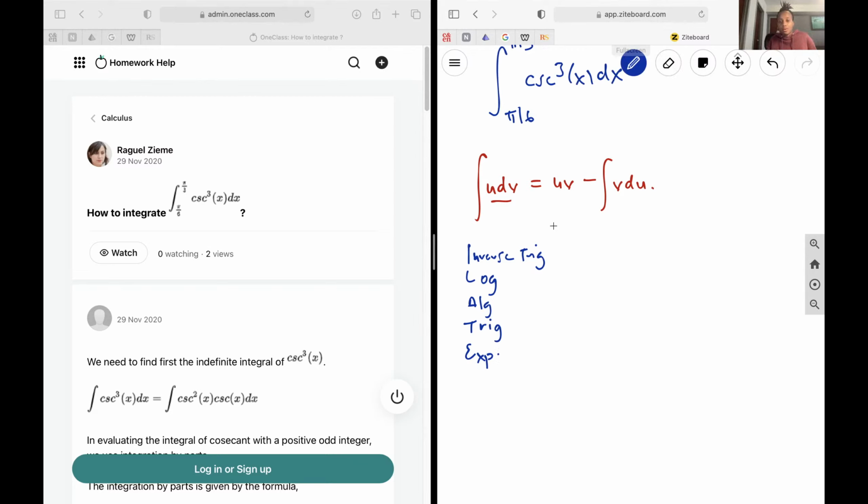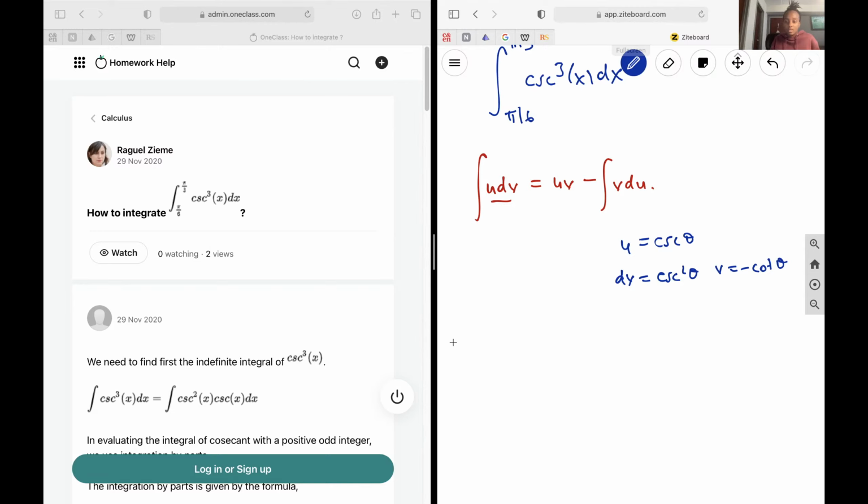Okay, and so I can see that I bump into trig first, which means I'm going to set my u equal to cosecant theta, which means that dv must be equal to cosecant squared theta. And so my v is negative cotangent theta.